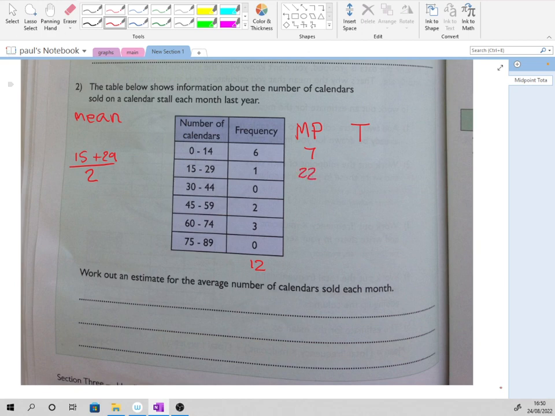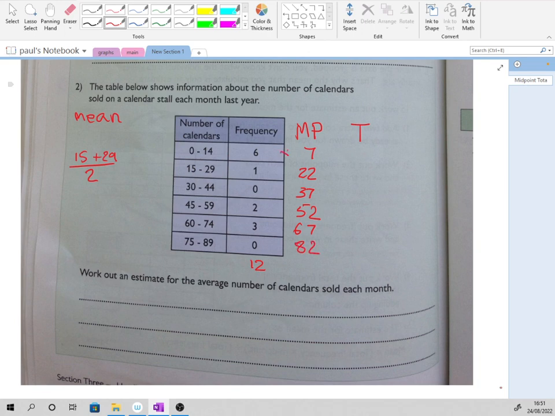So I need 74 divided by 2, 37, and 45 plus 59 divided by 2 is 52, and 60 plus 74 divided by 2, 67, and 75 plus 89 divided by 2 equals 82. I've just noticed there's a lot of zeros in here. So, okay, there are our midpoints.